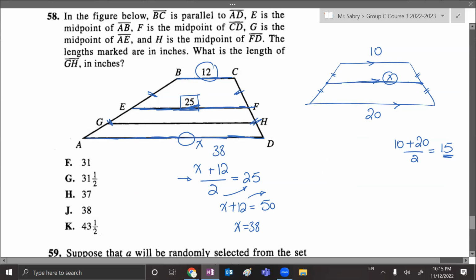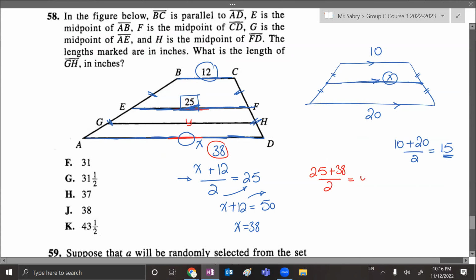Now I want to do the same thing, but for these two sides. This one I have the measure of, which is 25, and this one is 38, and I want to get the middle side now. Let's call it y. So then I'm supposed to put 25 plus 38 over 2.